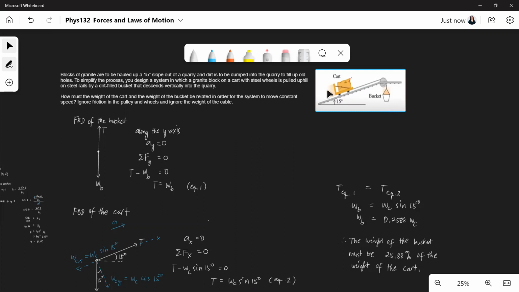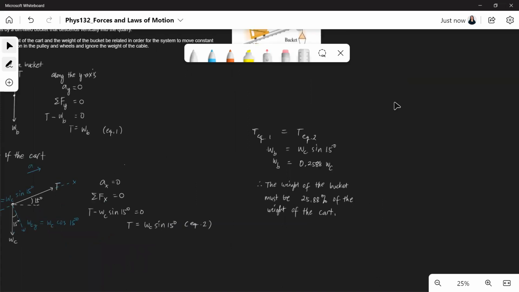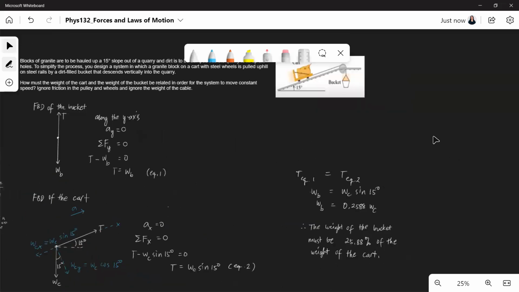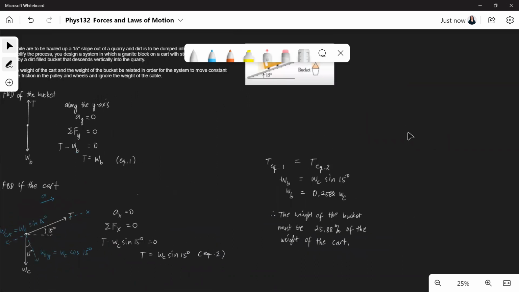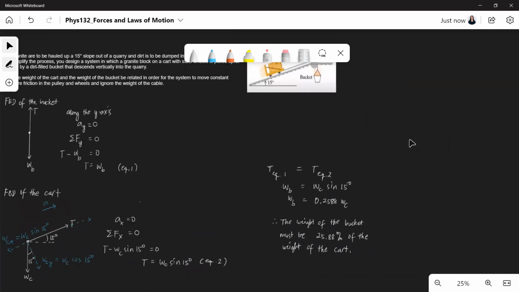Although there's a force resisting that motion, the combination of the angle plus the design of the steel wheels and the rail will help in making the cart move up the incline, and of course the bucket down the quarry. So they have the same acceleration.